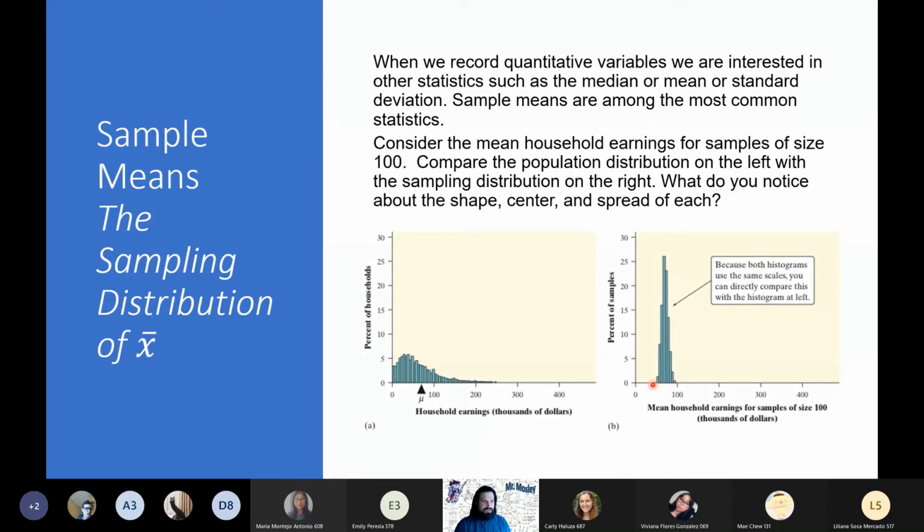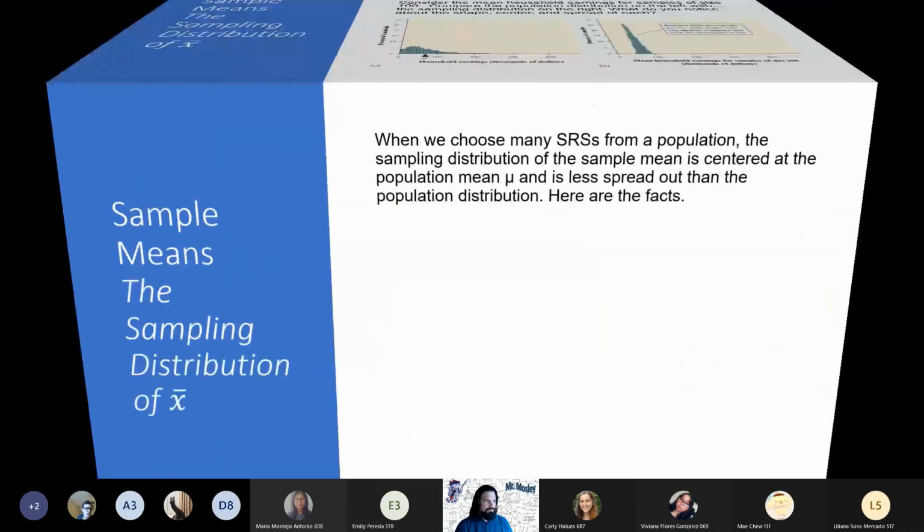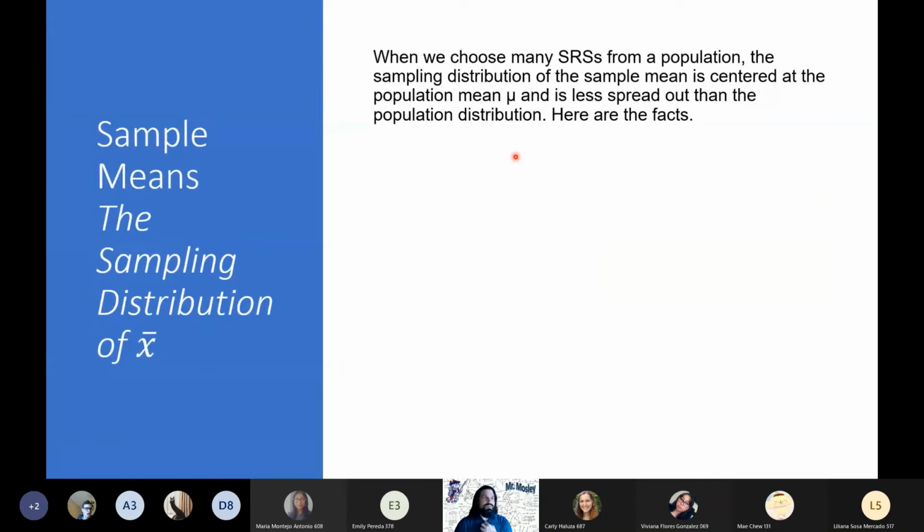We have a range of about 50,000 to 100,000. So the range is much smaller, less variability. So when we choose many SRSs from a population, the sampling distribution of the sample mean is centered at the population mean mu and is less spread out than the population distribution. That's what we just saw.